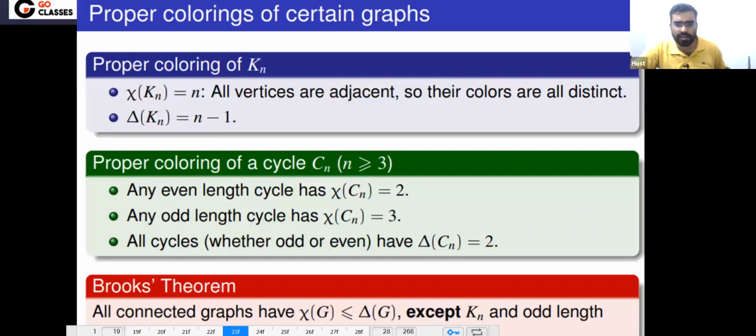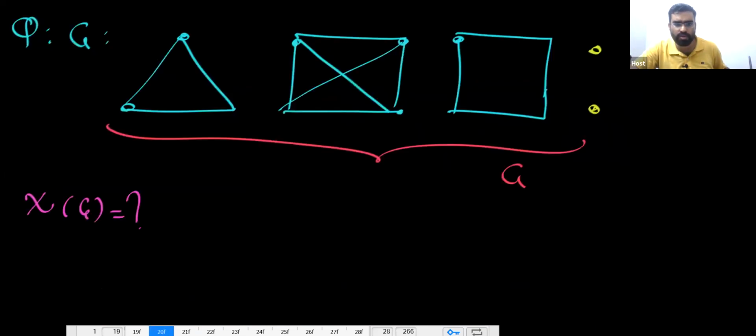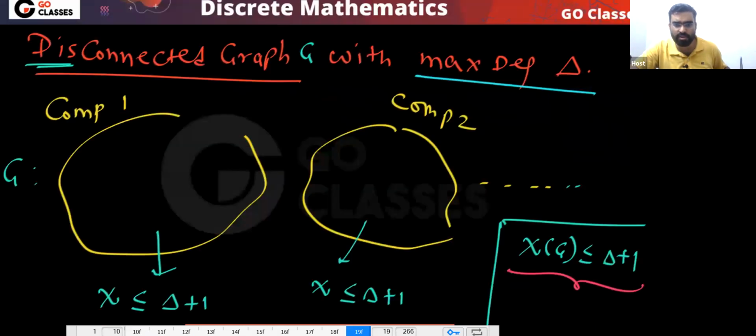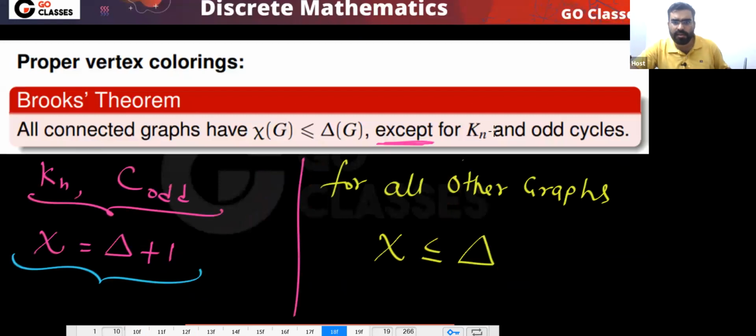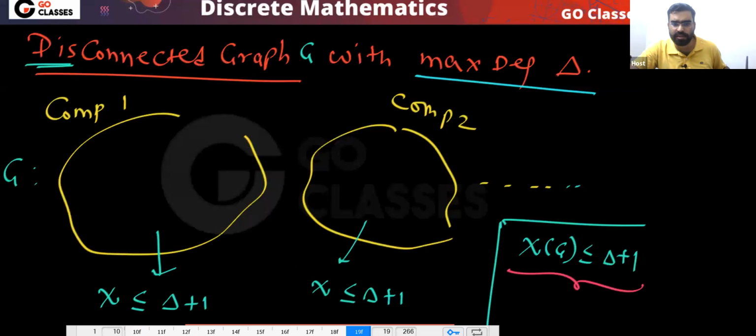Anyway, let's move on. Finally, you can understand that you have to take care of Kn and odd cycle. This is correct: if you have a disconnected graph G which has maximum degree delta, then every component has chromatic number less than or equal to delta plus 1.